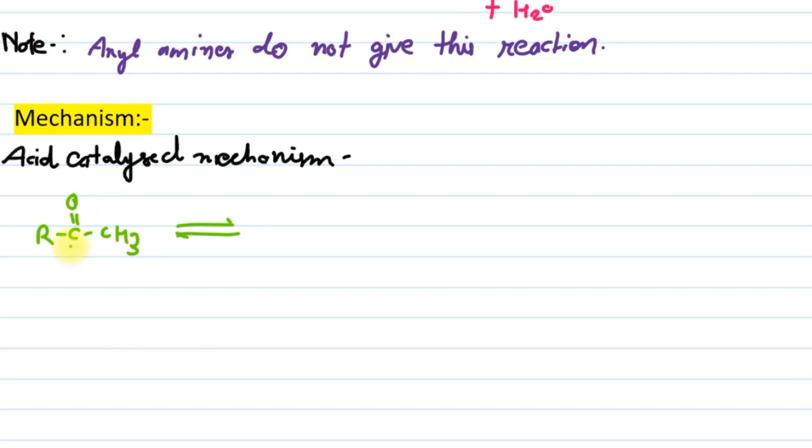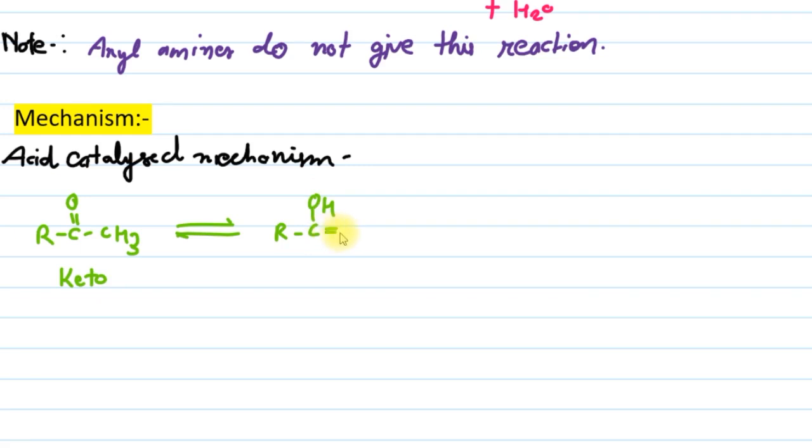This isomerism is known as keto-enol tautomerism, because the keto molecule transforms into enol like this, with a double bond here.